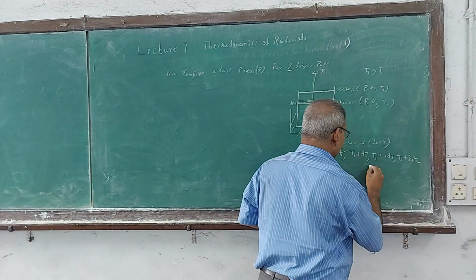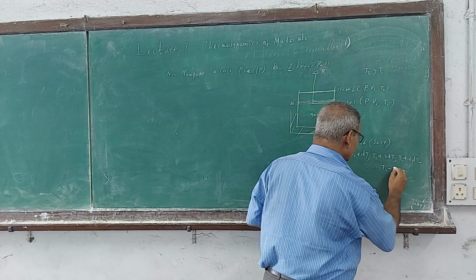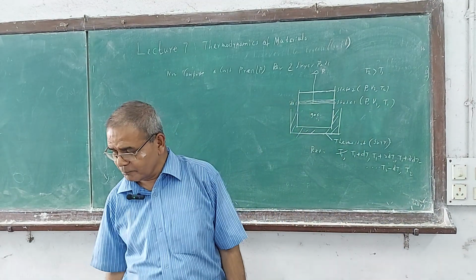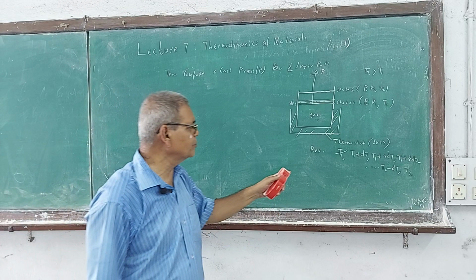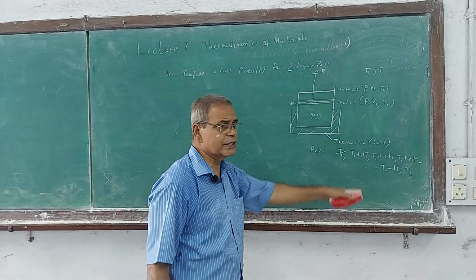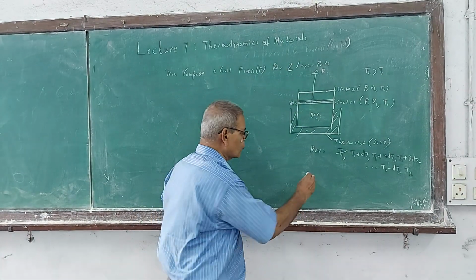Ultimately, the last is T2. So you must have provision for an infinite number of thermostats, and using these you take the system from state 1 to state 2. This is reversible, I will stop here.